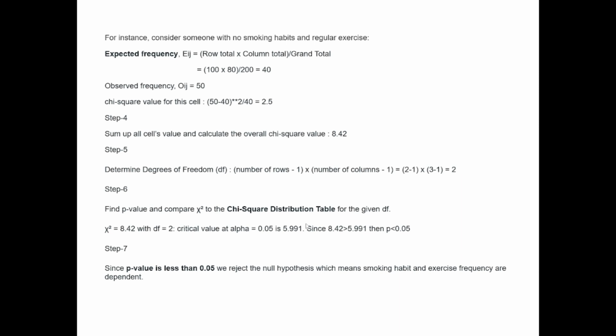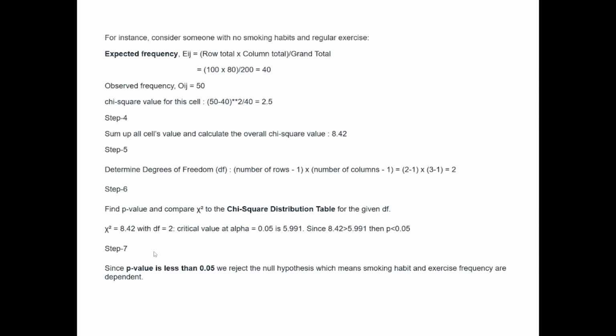So I now have to compare my calculated chi-square value, which is 8.42, with this critical value, to determine whether I should reject the null hypothesis or fail to reject it. If you see here, my calculated chi-square value, 8.42, is greater than 5.991, which means my p-value is less than 0.05.